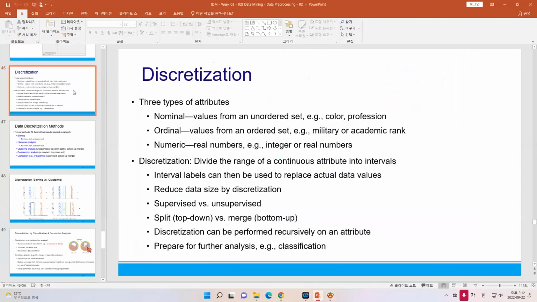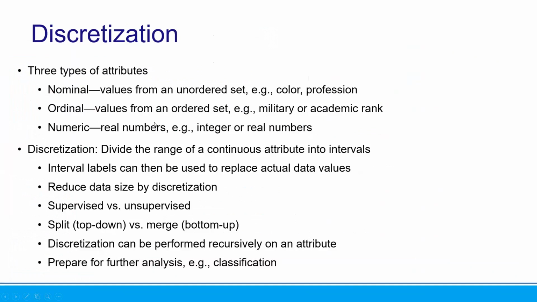So next is about discretization. In discretization, you know that we learned the data types. There are 2 types of data: categorical data and numerical data.